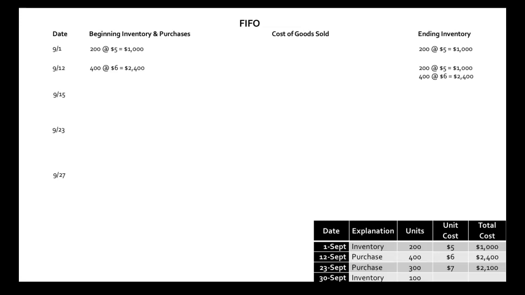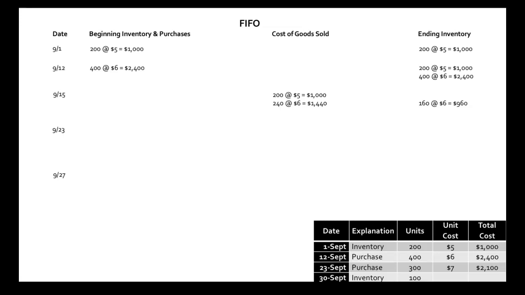Now on September 15th, we make a sale of 440 units. So what we're going to do is we shift over into the cost of goods sold column. And we need to sell a total of 440 units. So if we sell a total of 440, we take a look at the first inventories listed back on September 12th. And we see that those 200 at $5 a piece, those were the first ones to come in.